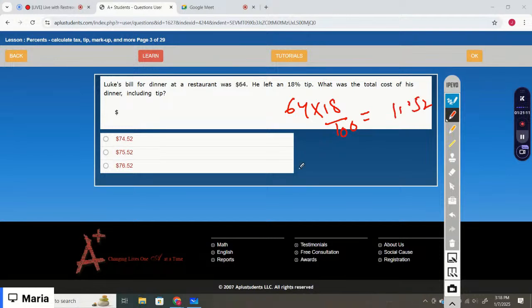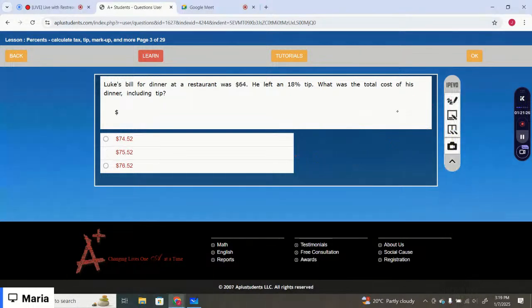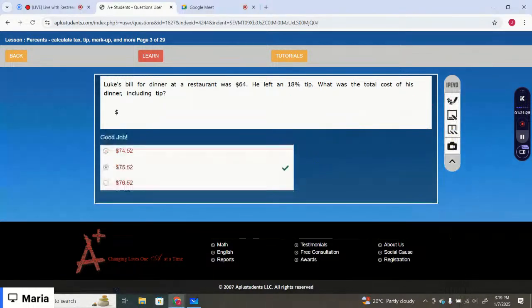That is 11.52. So just add: 64 is the price of dinner and the tip is 11.52. So that is 75.52. Option number 2 is the correct option. That is 75.52.